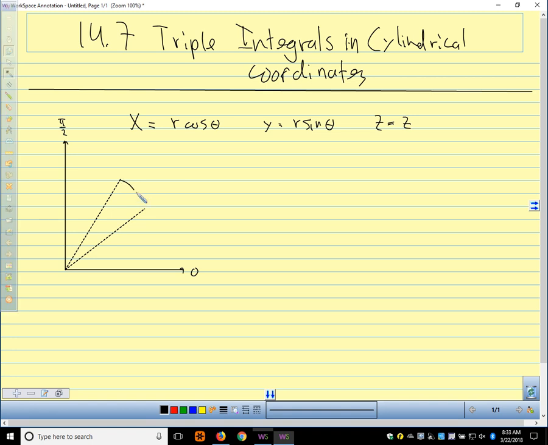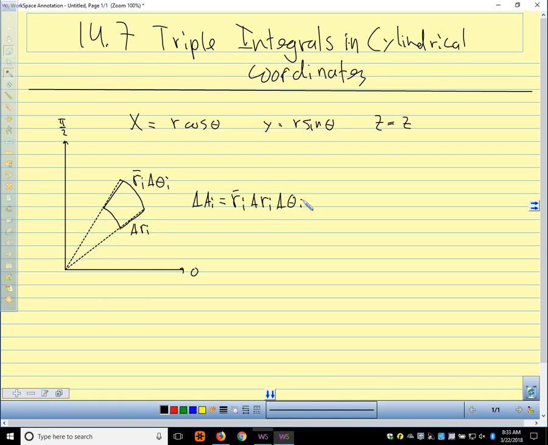So we said, if that was our little polar rectangle, that this side is delta r sub i, and this arc is the average radius at that particular point times delta theta sub i. And so in polar coordinates, we said our delta A sub i was r bar sub i delta r sub i delta theta sub i. So we're going to use this.